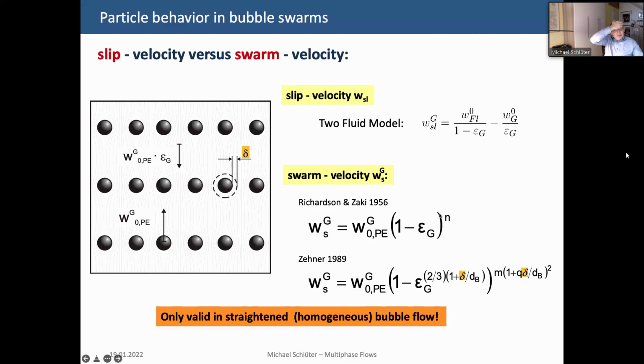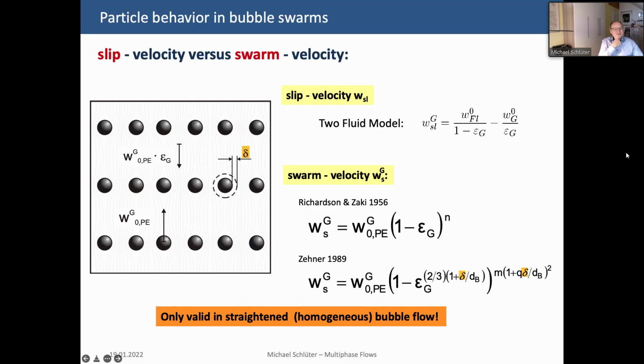And with this exponent, we can adapt the equation to several situations depending on turbulence, for example. For laminar flow, we have another exponent than for turbulent flow. This is a famous correlation from Richardson and Zaki that takes into account this swarm velocity.